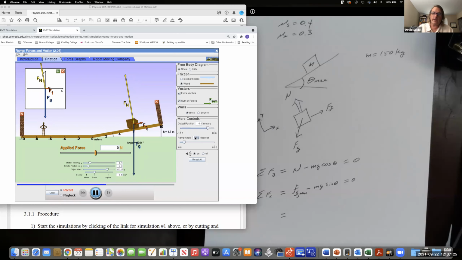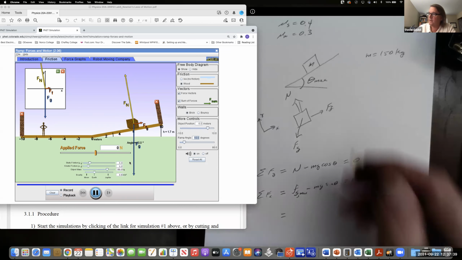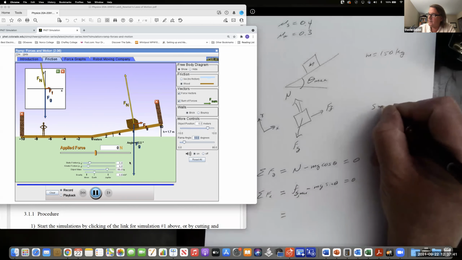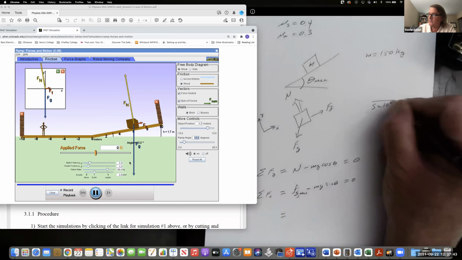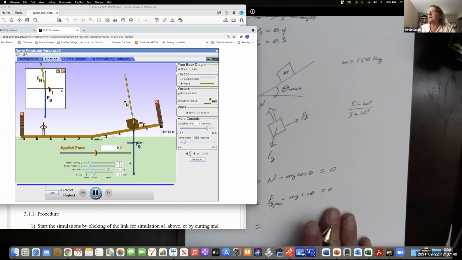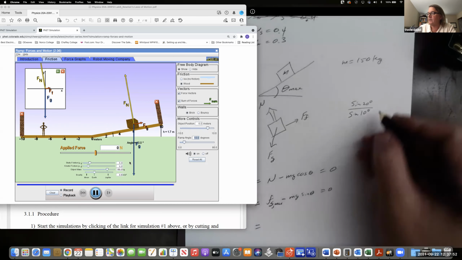If I go to 20, this length of that vector should get longer by the ratio of sine 20 degrees versus sine 10 degrees.